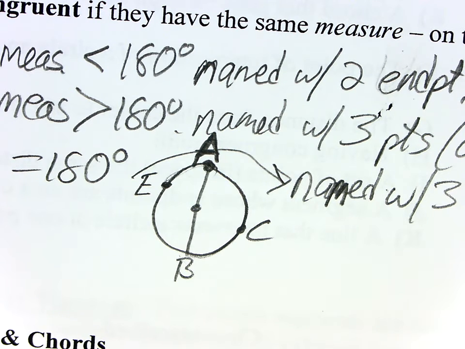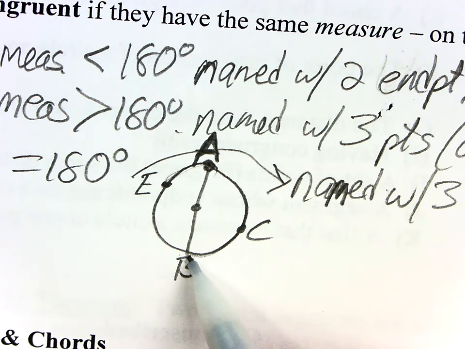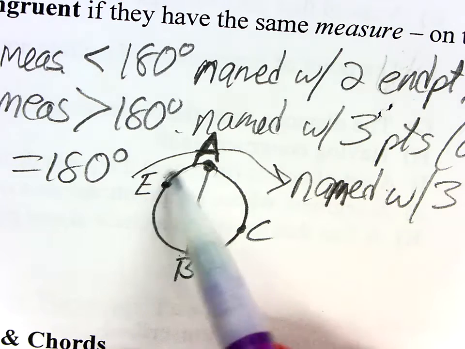Okay, how about this? Arc CB, is it adjacent to arc BEA? Yes, they would be. They share B. What do you suppose is true about arc CB plus arc BEA?